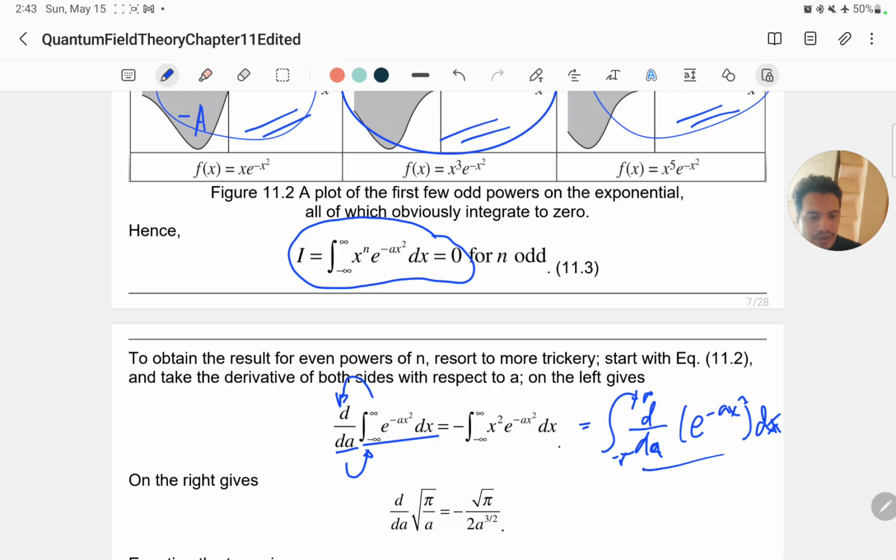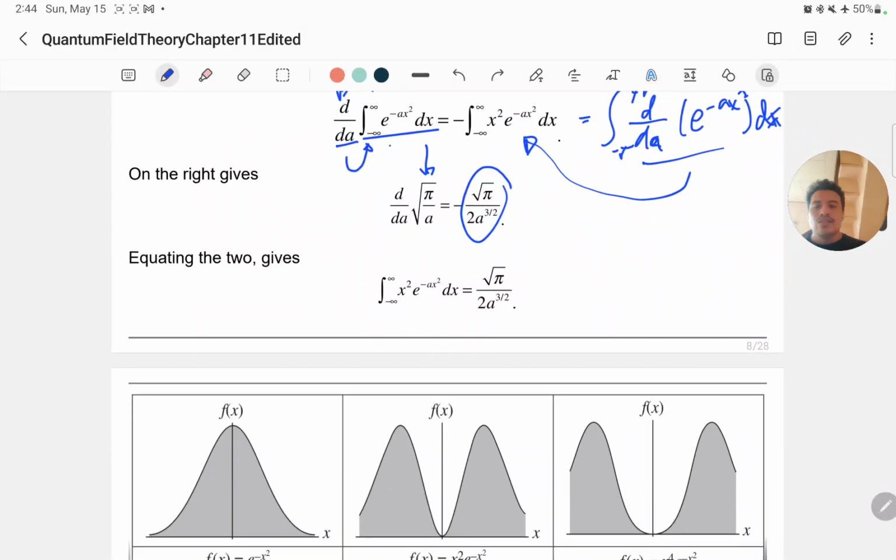So you can get the derivative of this, which is just this one, and of course this one is also equal to square root of pi over a. So if you get the derivative of this, you will also have a derivative of that one, resulting in negative square root of pi over 2 times a to the 3 halves. So if you equate the two, then you would have this expression.